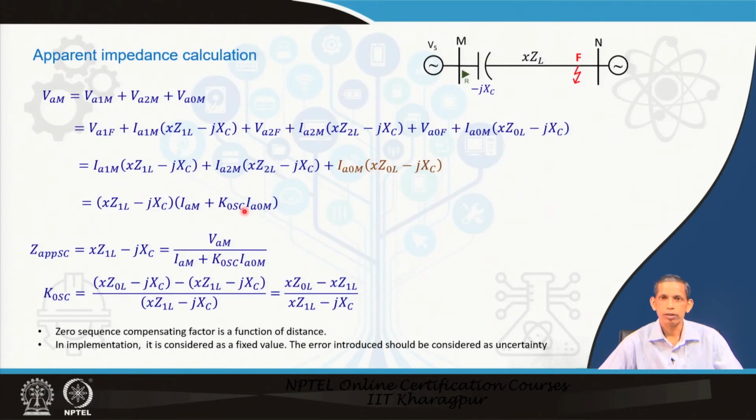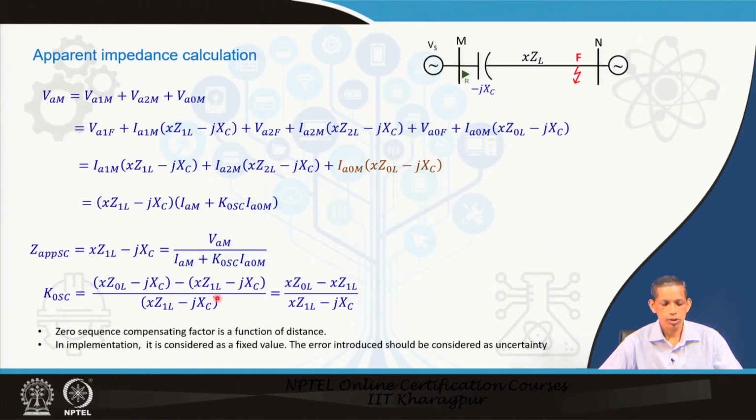We keep the relations similar to that, so the Z apparent for the series compensated line in this configuration equals x (Z1L minus jXC), which equals VAM upon this current factor. The denominator is IM plus K0SC IA0M. However, K0SC from this relation becomes the zero sequence impedance in the path minus the positive sequence impedance in the path, upon the positive sequence impedance in the path.